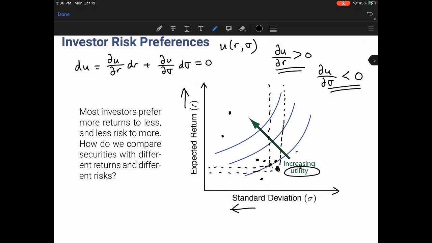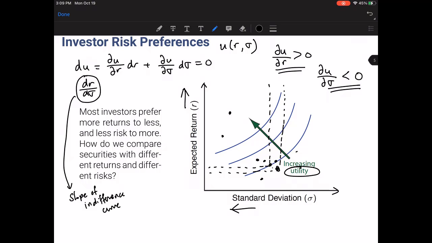Okay, and then let's rearrange the terms such that we're looking at dR d sigma. That's what we want to look at: what's the trade-off between risk and return? And you should note that based on this graph, this is simply the slope of the indifference curve.